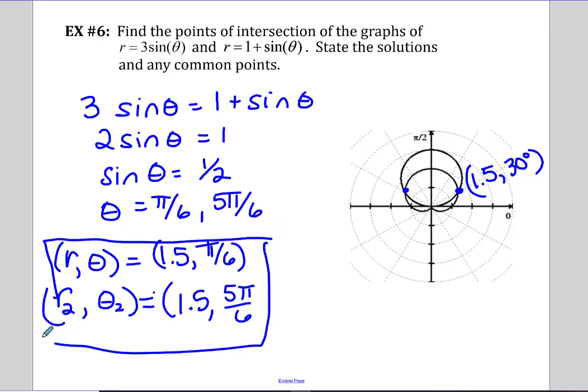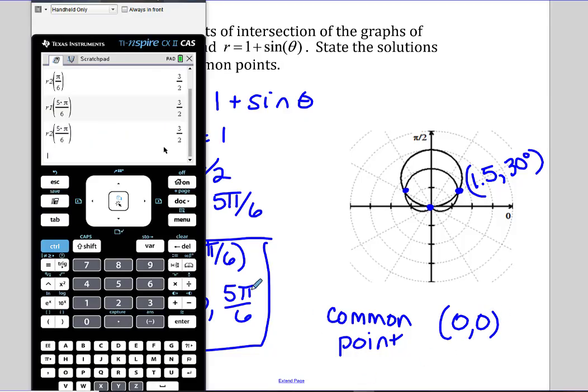Now, do we have any common points? So it looks like at 0, that might be a common point. Let's go check it out. So on the first curve, if the angle is 0, the value is 0. And on the second one, if the angle is 0, the value is 1. So these are not in agreement.